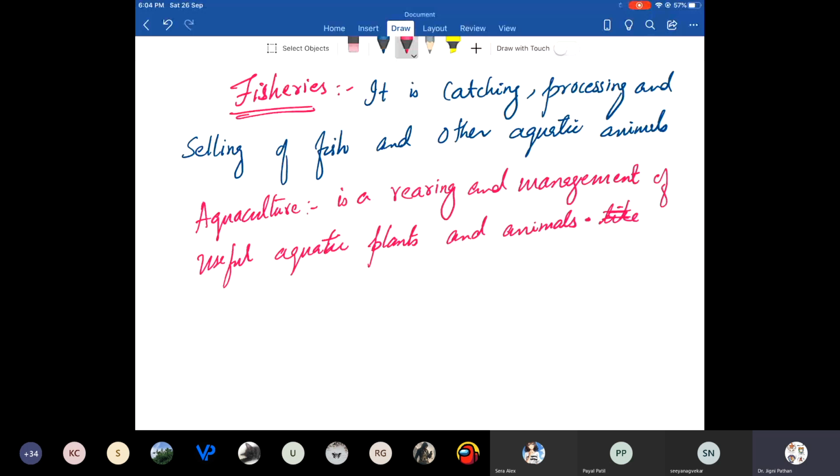And pisciculture means rearing, catching, management, and selling of fish. Pisciculture is rearing, catching, management of fish, only fishes. That's the difference between aquaculture and pisciculture.